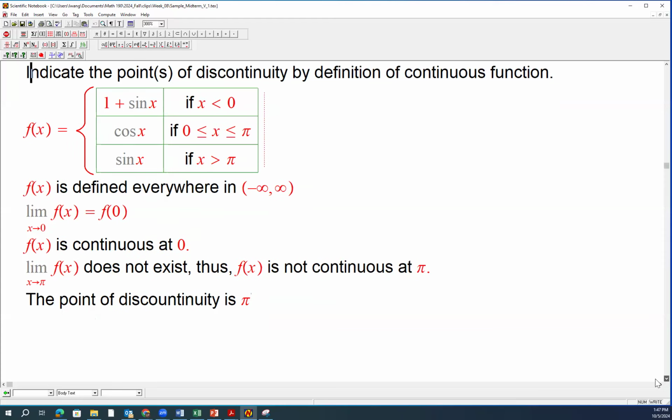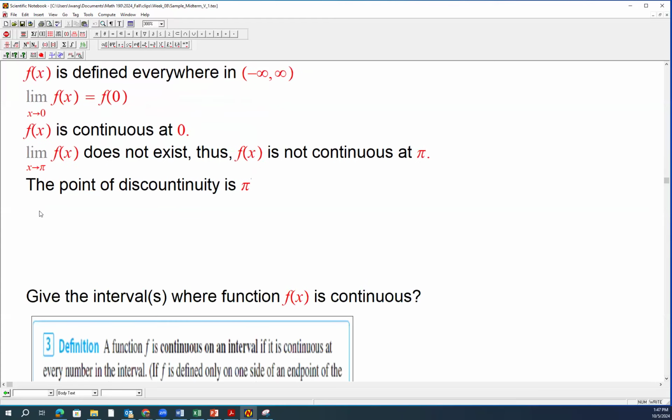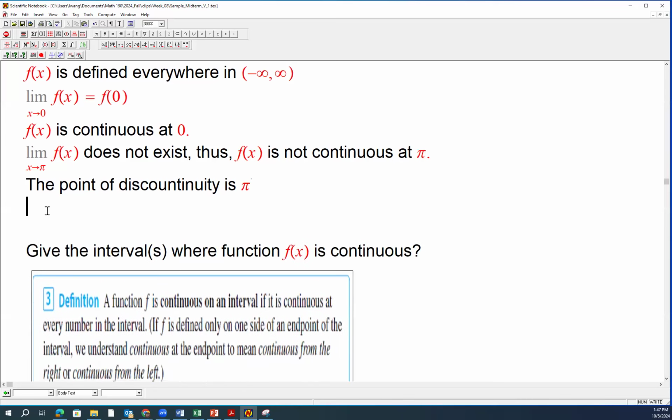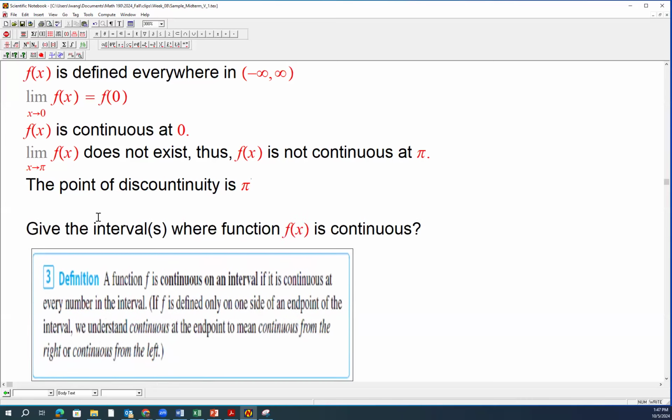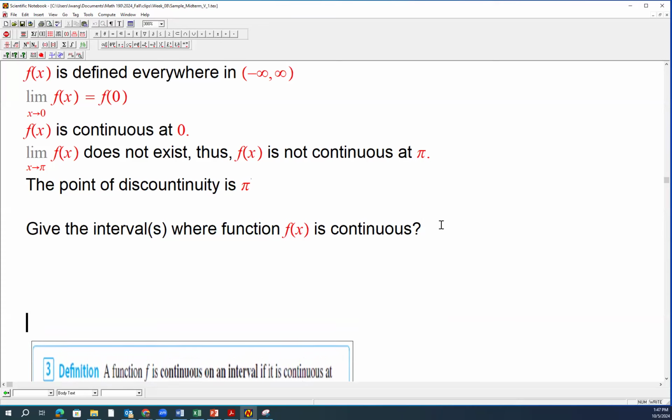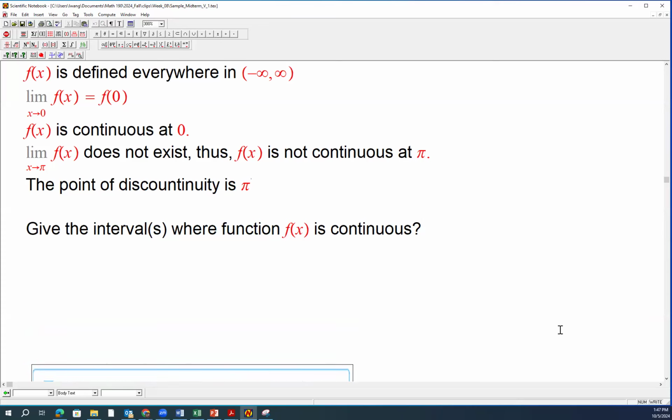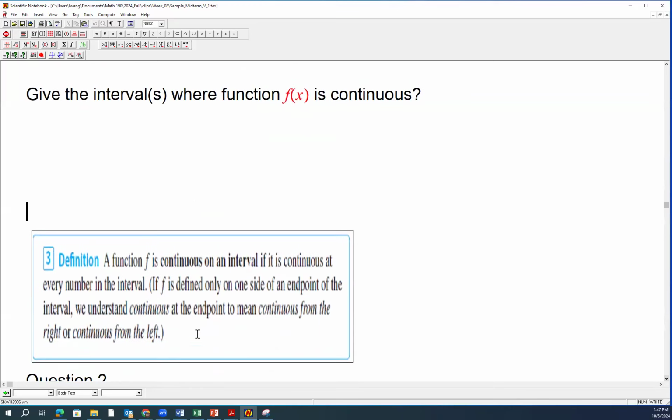Okay, now, second question. Give the intervals where the function is continuous. This one is more interesting, because we have this definition in your index cards, right? A function is continuous on an interval if it's continuous at every number in the interval.